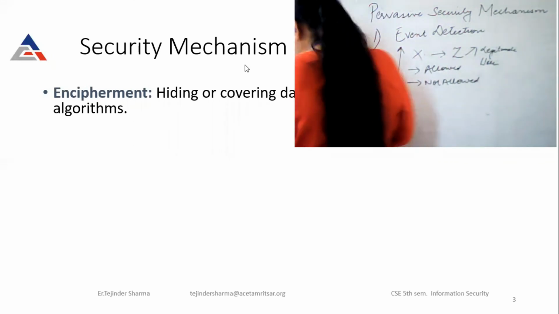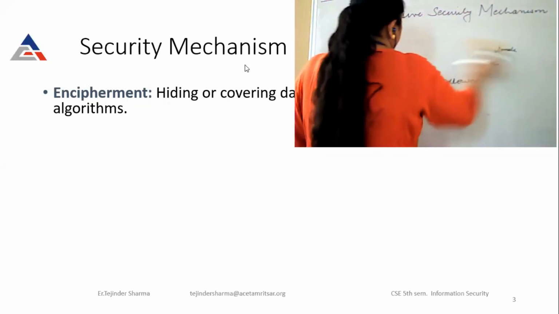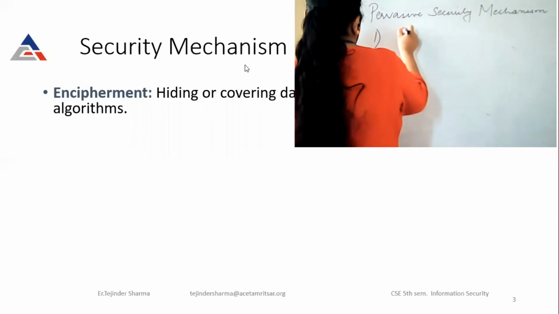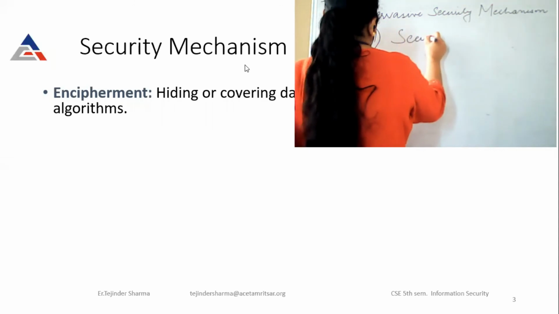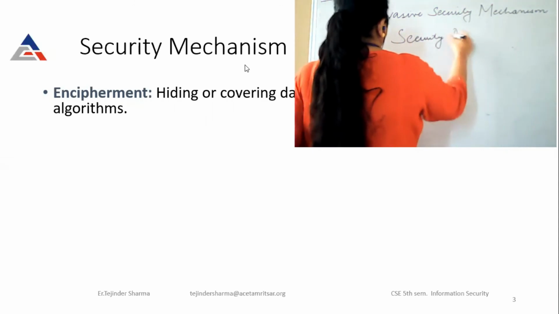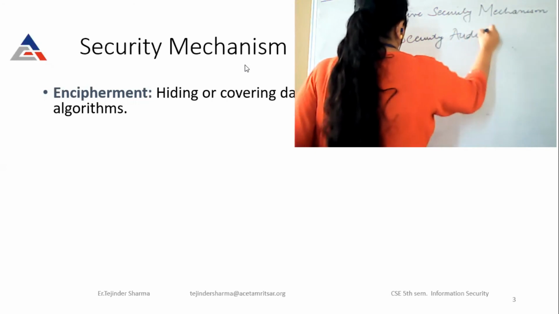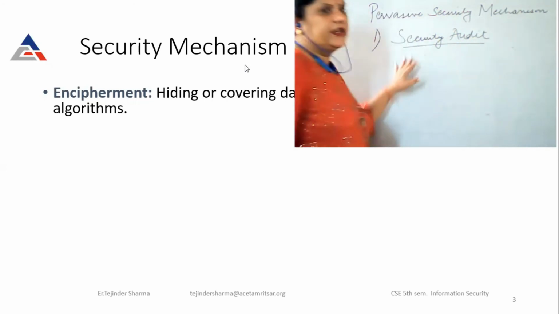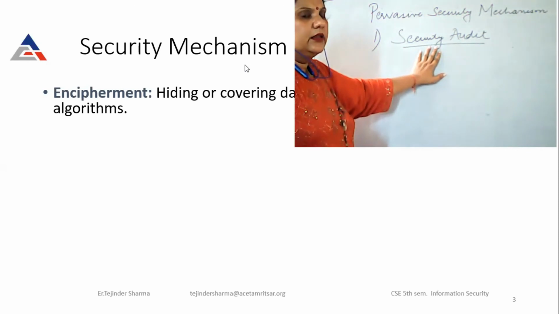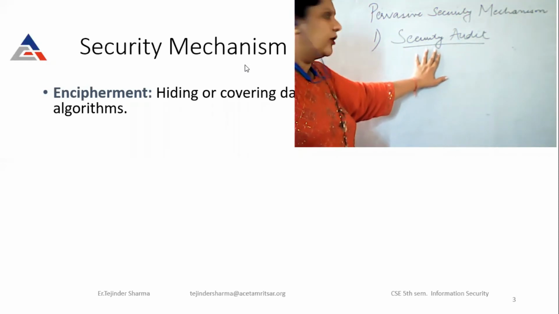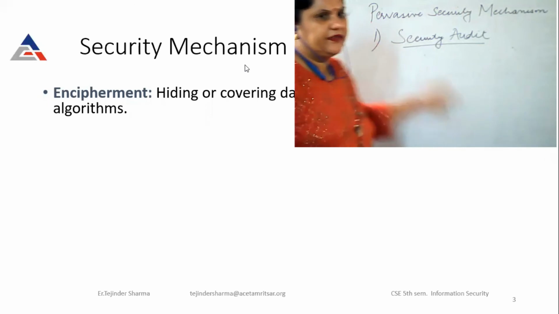Now next is security audit. The various events are recorded in the database, right?